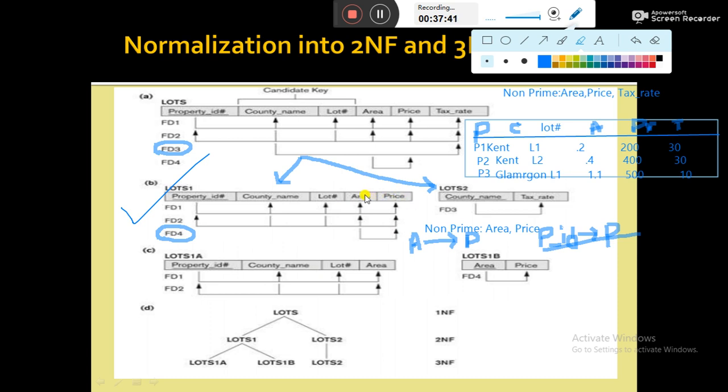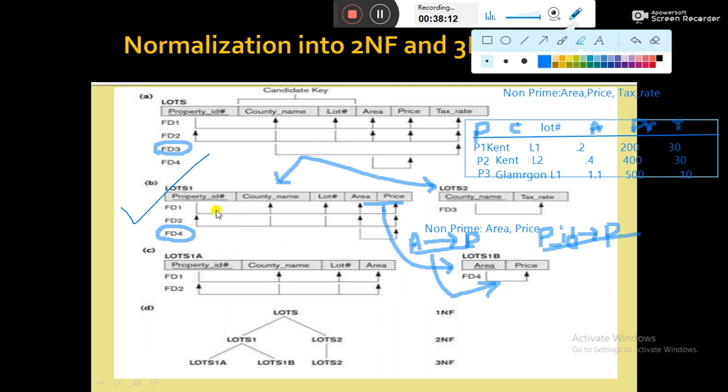Area and price as a whole move to the new relation, and based on the functional dependency area arrow price, we can designate area as a primary key, and the rest of the attributes will remain there.